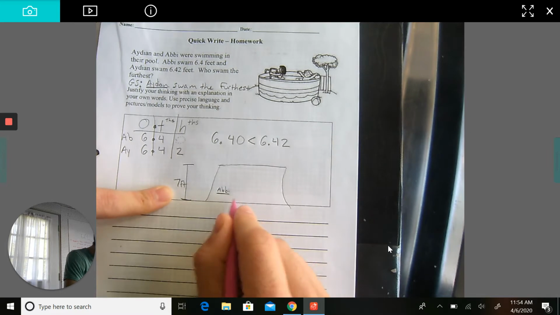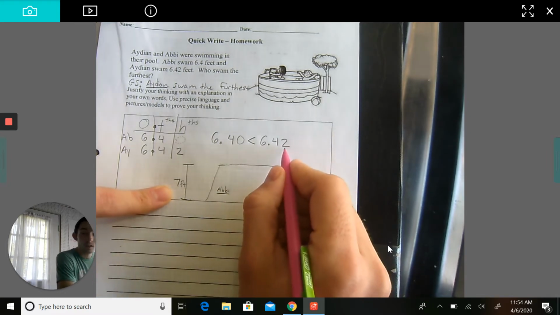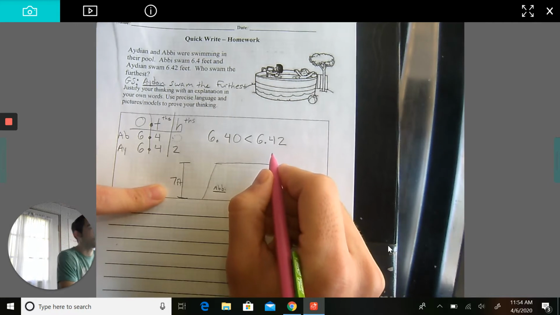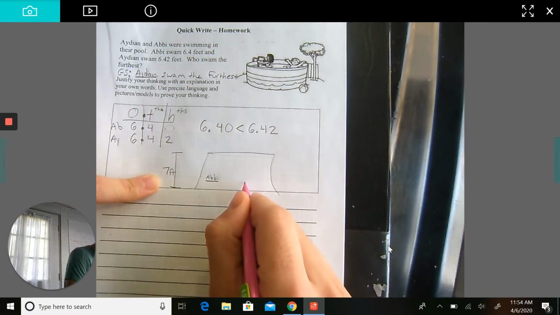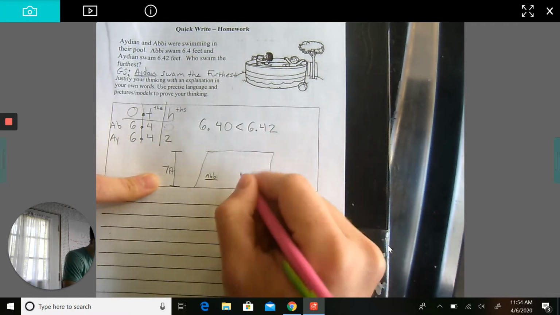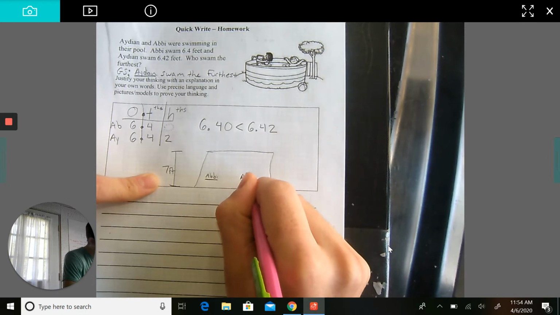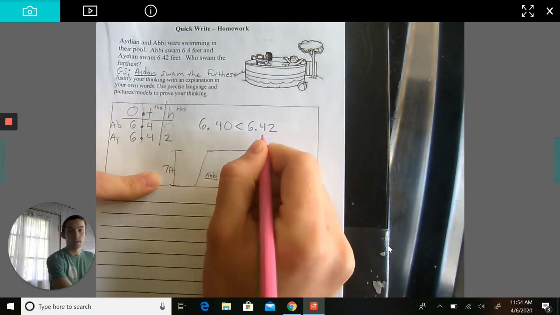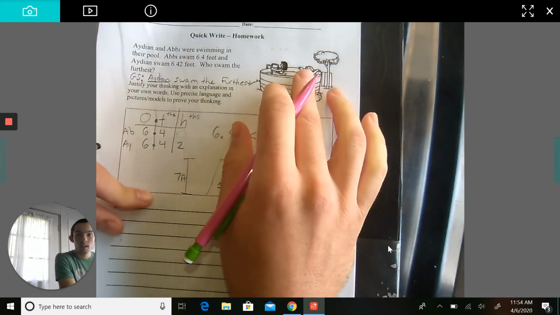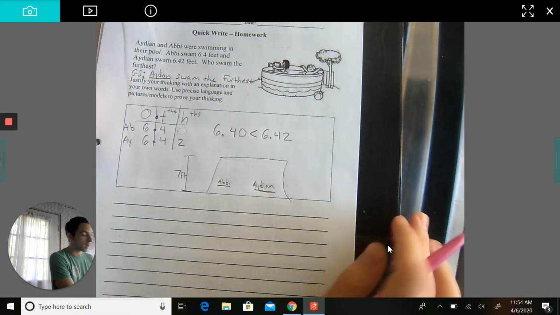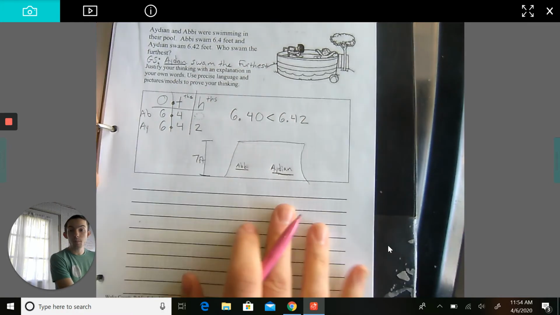And then just a little bit further, look, 2/100ths of a foot further. That's like microscopic. Maybe you'd put Aiden. Or Aiden. So what the goal is really is just to show that one is greater than the other. If you want to do it in length, you can as well.